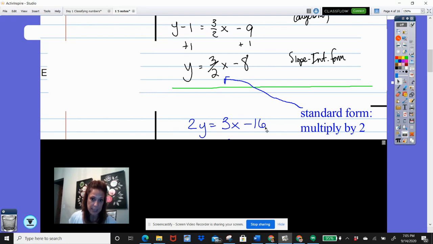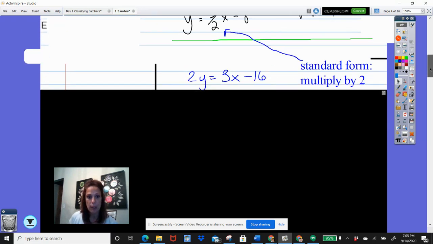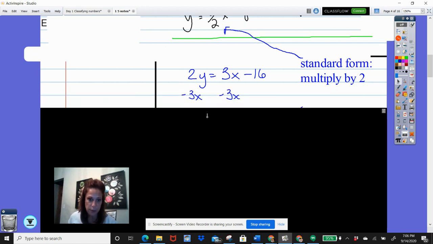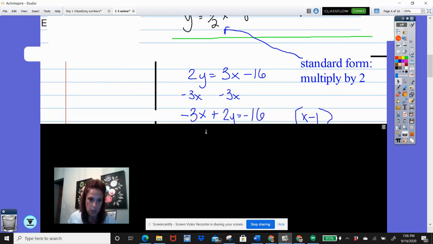So these two are the same line. They're just different forms. And now, again, ax plus by equals c. So I got to move this 3x to the other side. So I'll subtract the 3x from the two sides. So I have a minus 3x plus 2y equals a negative 16.